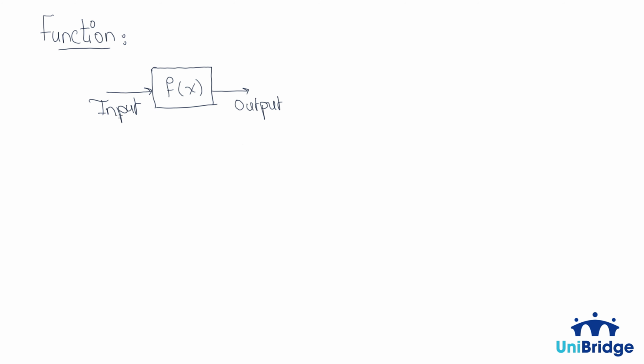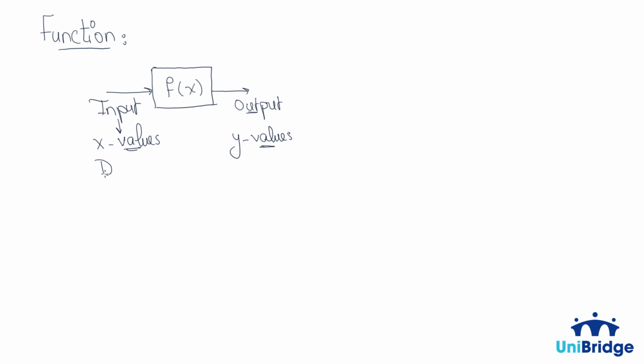So the input of the function is always the x values. You plug in x inside the function and you get the output to be the y values. This is the output of the function.